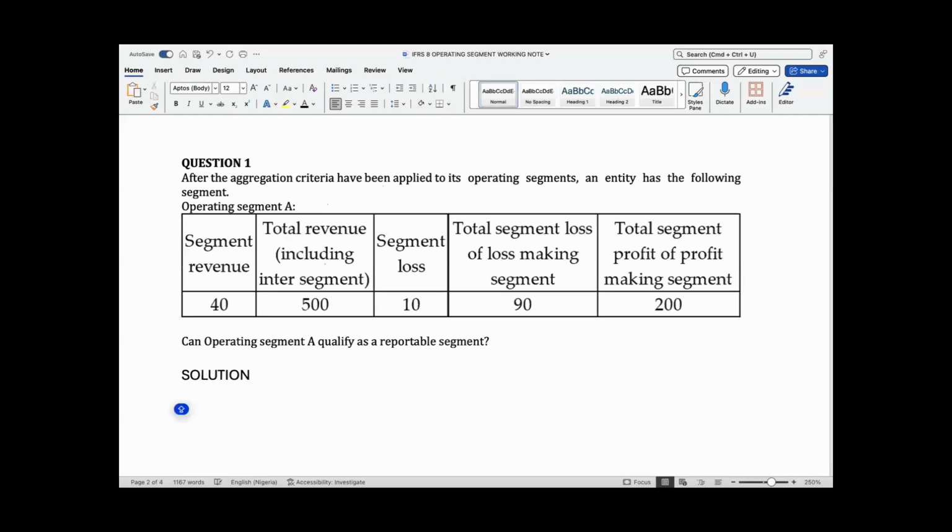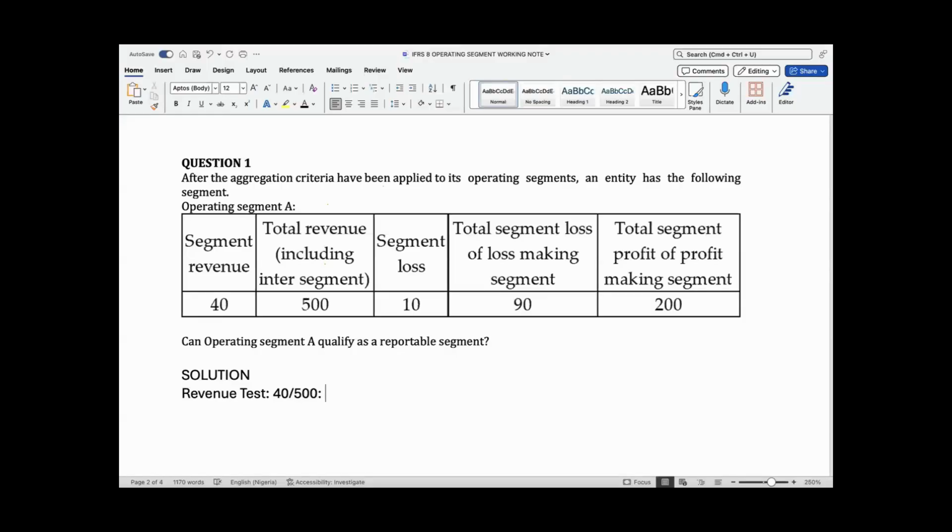Simple. We just need to check the quantitative threshold. First, we do the revenue test. We'll check, is its revenue up to 10%? What's its revenue? It's 40. What's the total segment revenue? It's 500.